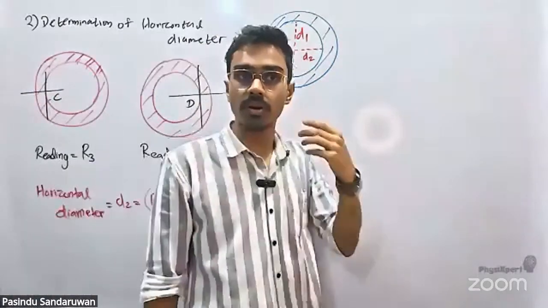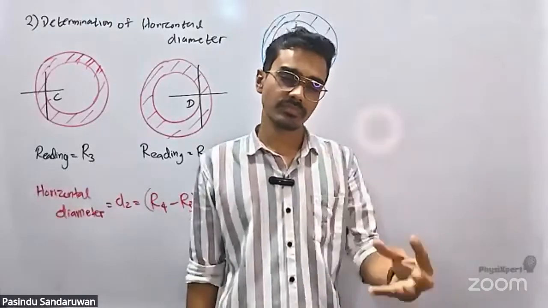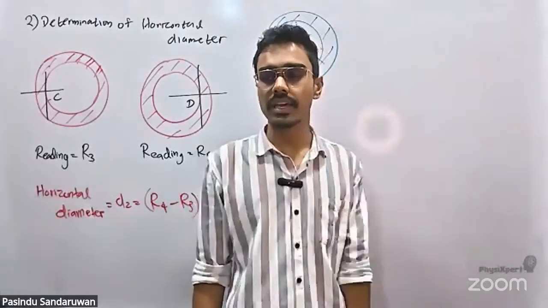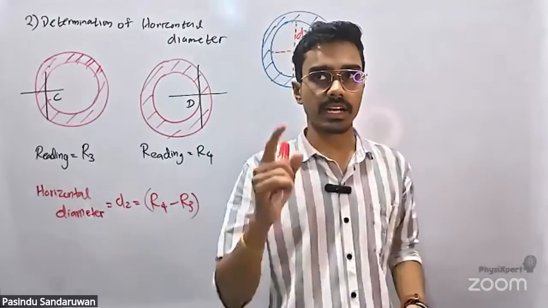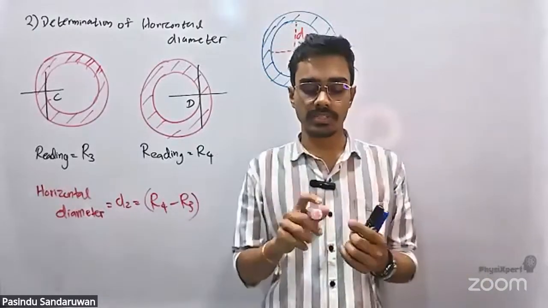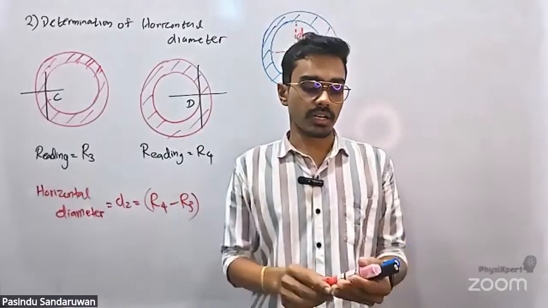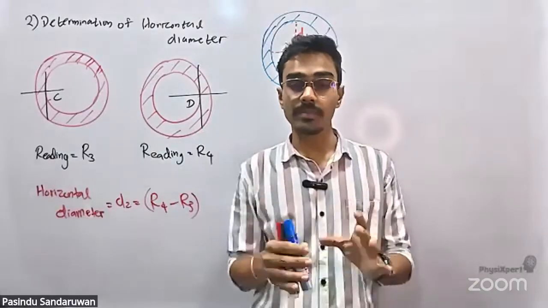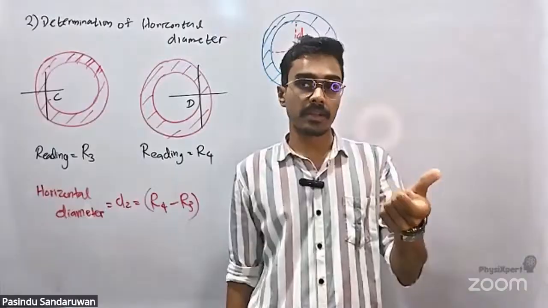To get a more accurate value, we are taking the average of these two. Especially when it comes to rubber tubes, it can be deformed. So we take two perpendicular readings and get the average to be more accurate and reasonable.